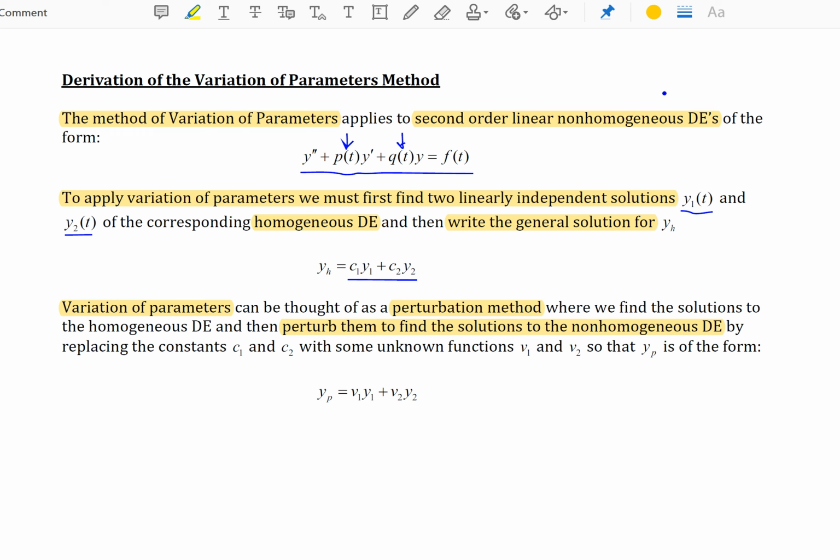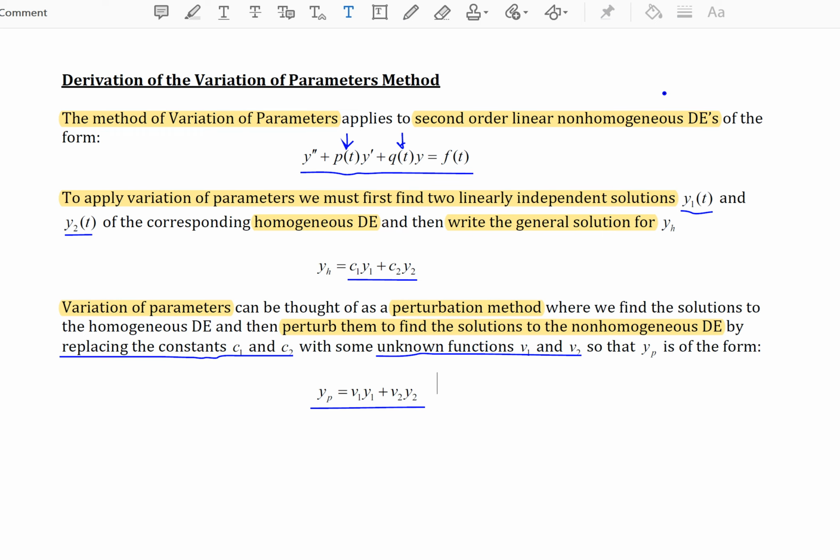And we do this by replacing the constants in our homogeneous solution with unknown functions v1 and v2, which tells us our particular solution will be something like this.